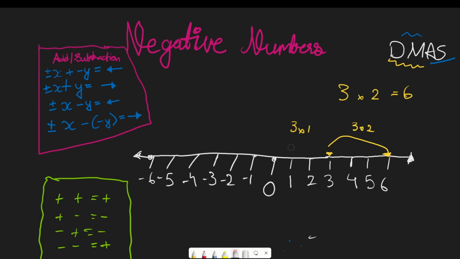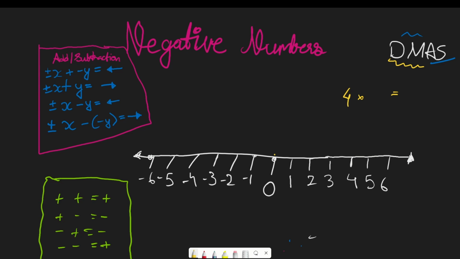This is representing multiplication on the number line. Right. Let's do one final example. 4 into 1. So you start from 0 and you move 4 steps forward. That's 4 into 1, and the answer is 4. Very simple. Now, what happens when we have a negative number in between?